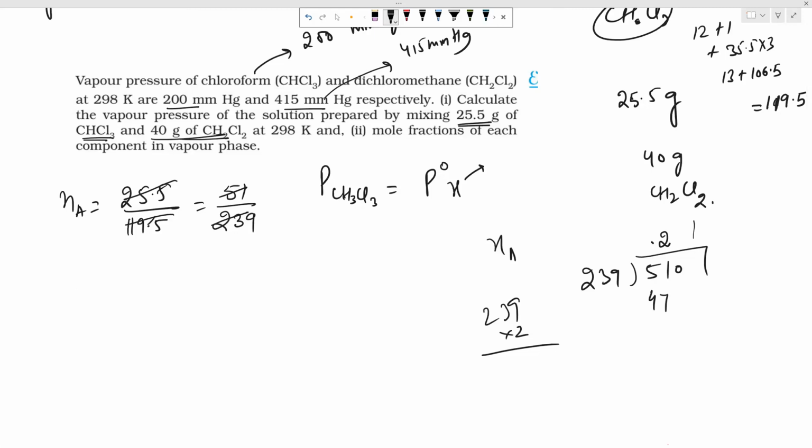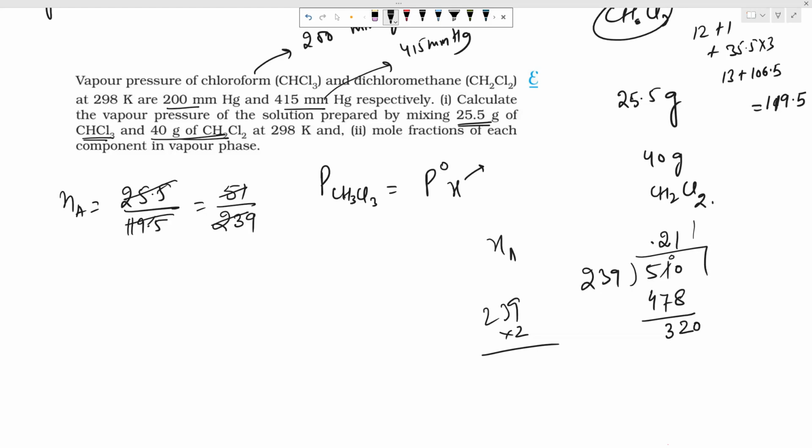You will get 478. Then you will get 2 here. And then you will get 0. 0 minus 7, you will get 7. Since the decimal is already present here, you place the decimal here and you will get 310.